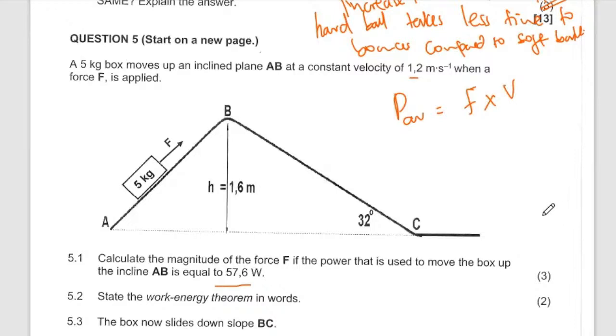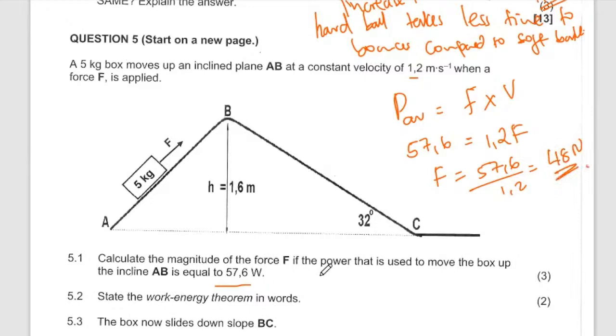We have our power and our velocity, so 57.6 is equal to the velocity, which is 1.2, times F. Then divide both sides by 1.2. So 57.6 over 1.2, and we get 48 newtons. Okay, so this is the magnitude of the force.